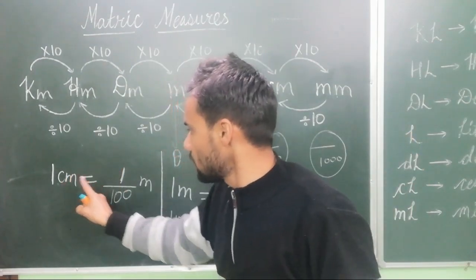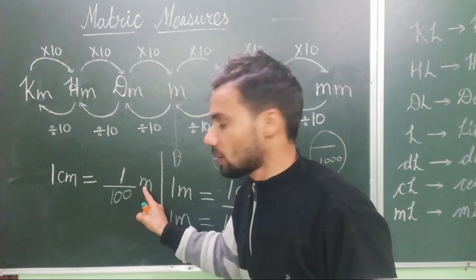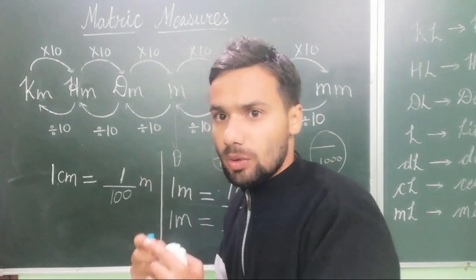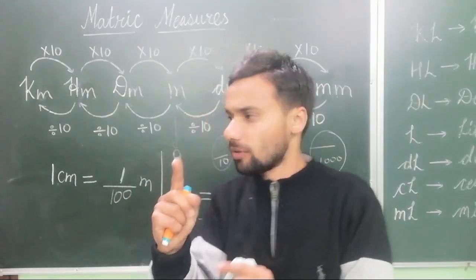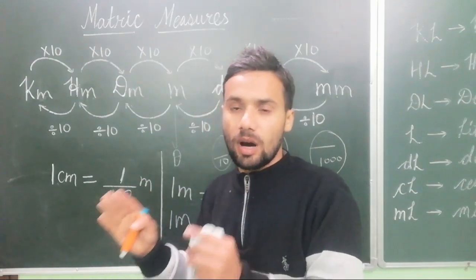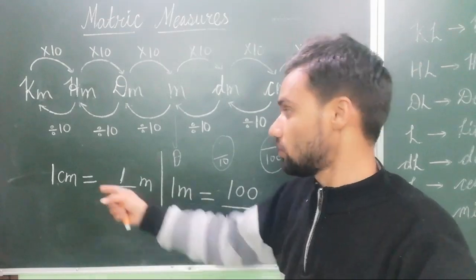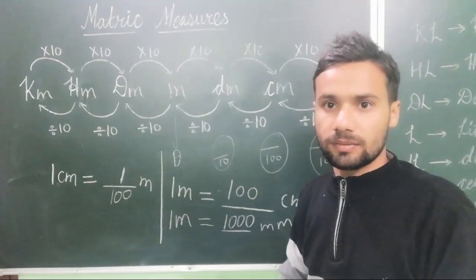So 1 centimeter is called 1 upon 100 times of a meter. Means 1 centimeter is equal to how many meters? Only one part of a 100. Out of 100 it represents one part of a meter. Okay, so this is the difference between 1 centimeter and 1 meter. Is it okay?